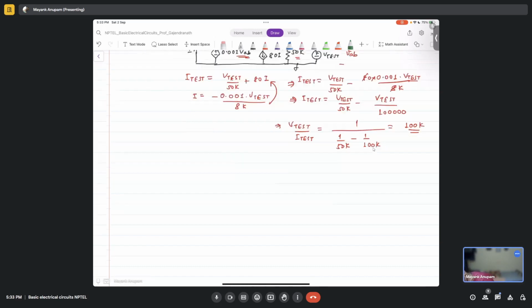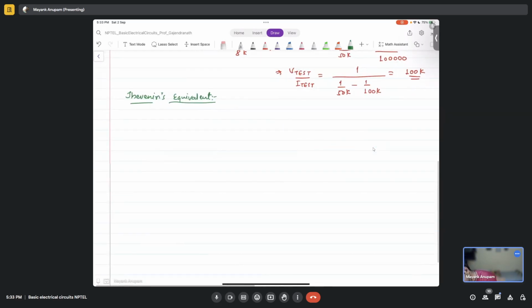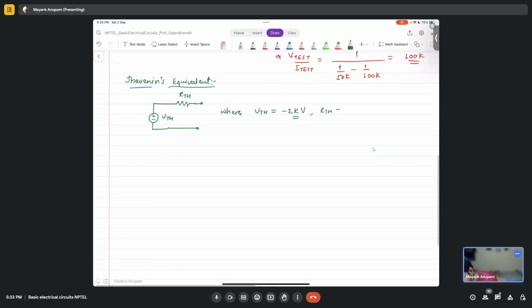Our Thevenin's equivalent is this: this is RTH, this is VTH, where VTH is equal to minus 2 kilovolts, and RTH is equal to 100 kilo ohms, right?